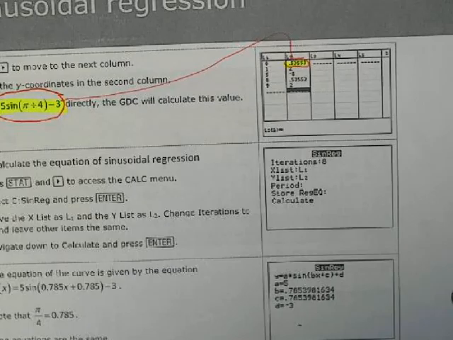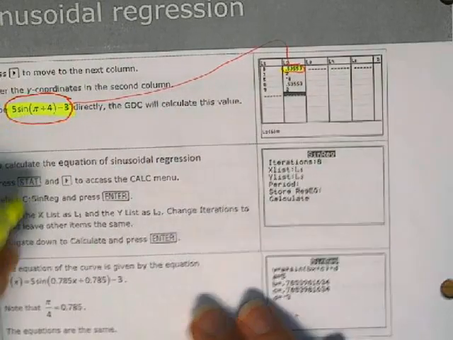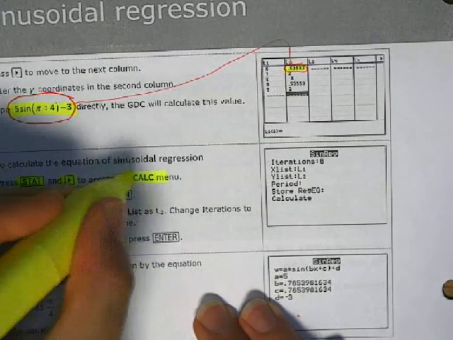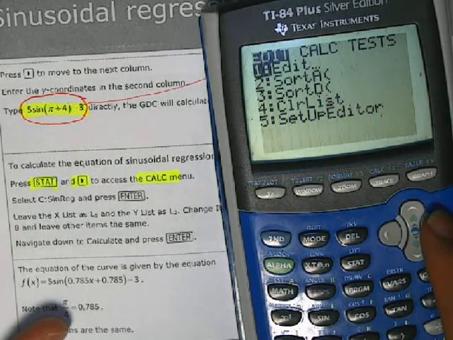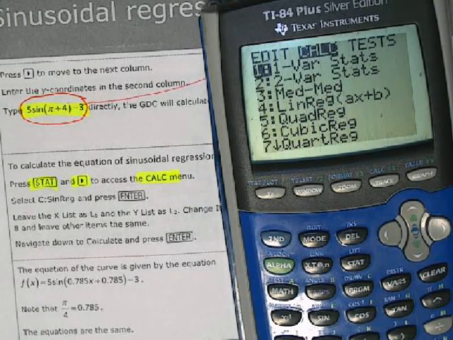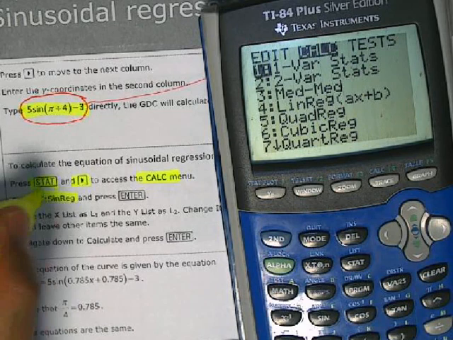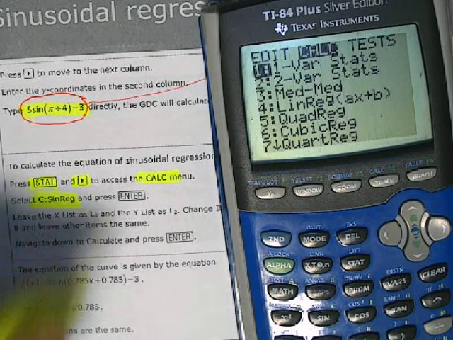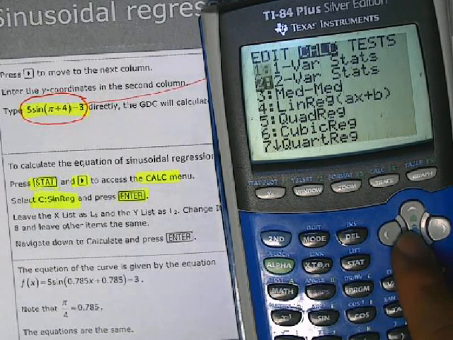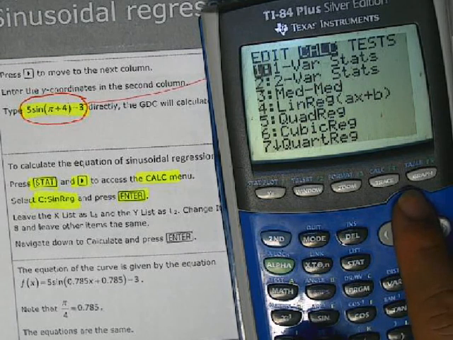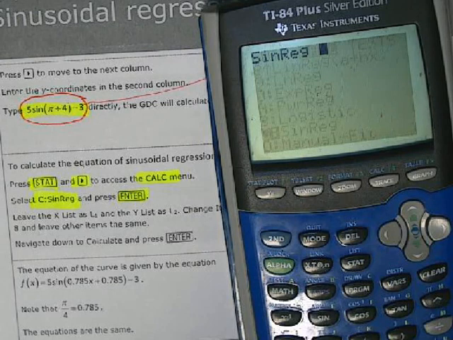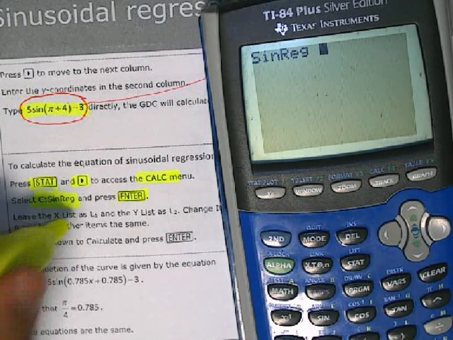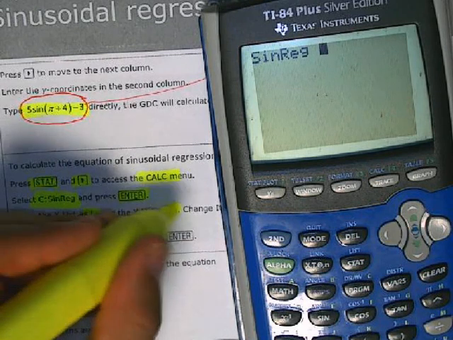Now we're going to hit Stat, arrow over to Calc, and then we're going to find C sine regression. Hit Enter. I hit Enter, and then we type in L1 and L2.